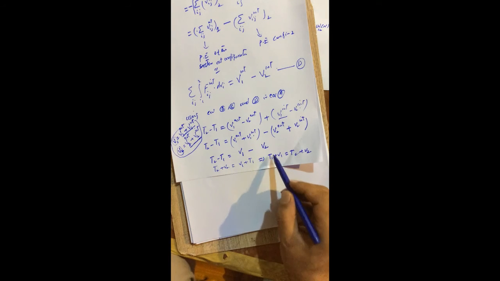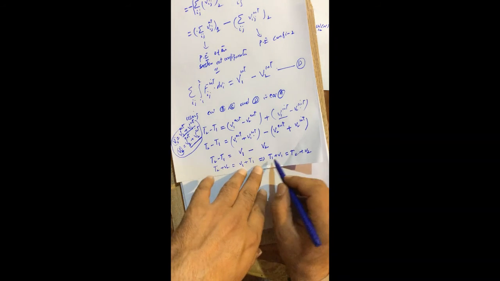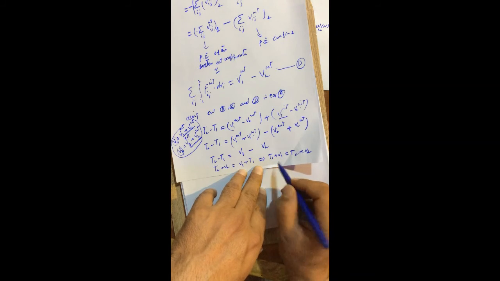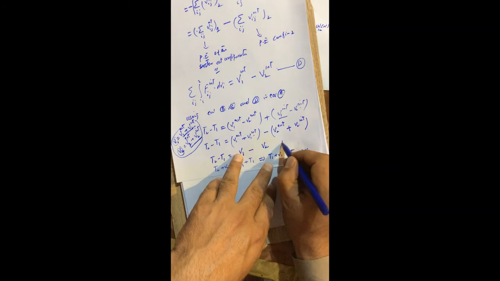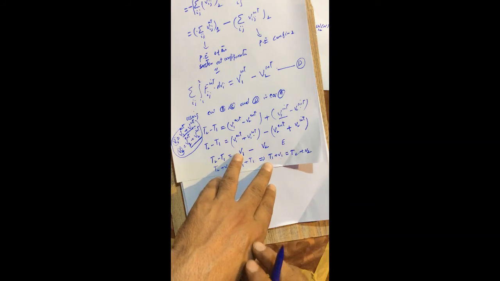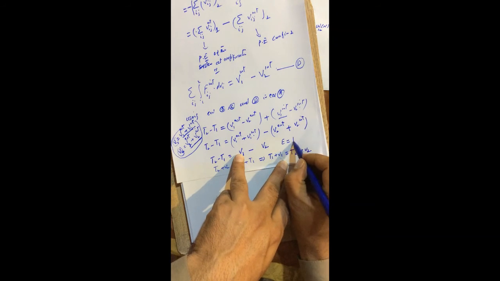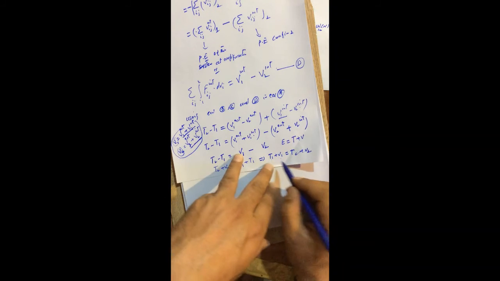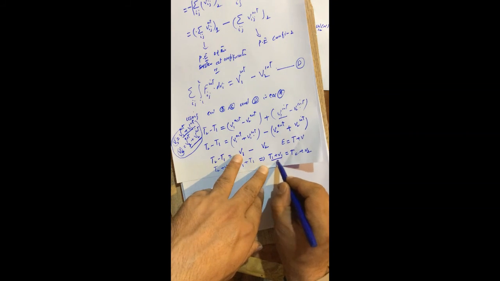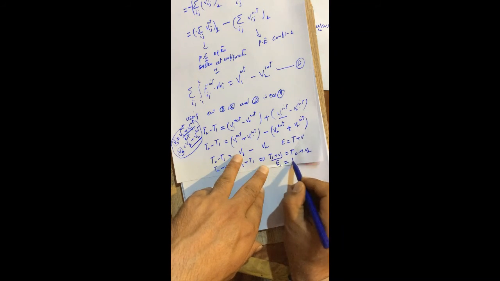It means that the total energy, now this is the total energy, because kinetic energy plus potential energy is equal to total energy. Total energy is always represented by E, which is equal to kinetic energy plus potential energy. So this is the total energy at configuration 1, which is equal to total energy at configuration 2.